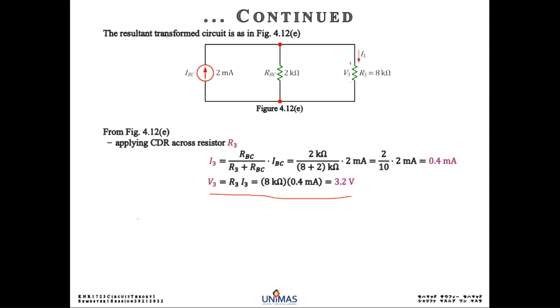Voltage source to current source transformation. So you have voltage source, which is always in series with a resistor Rs.